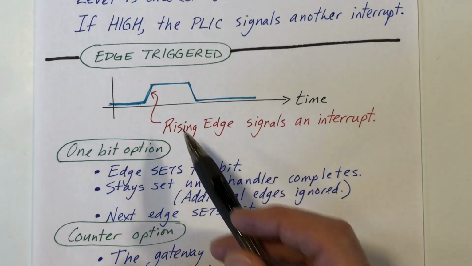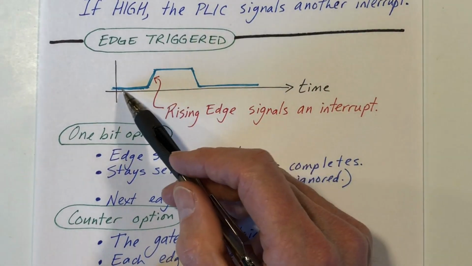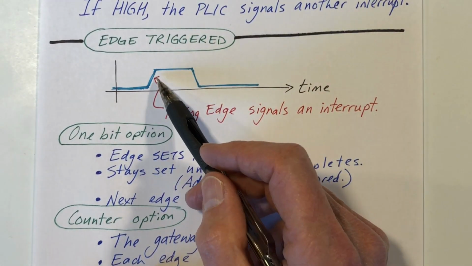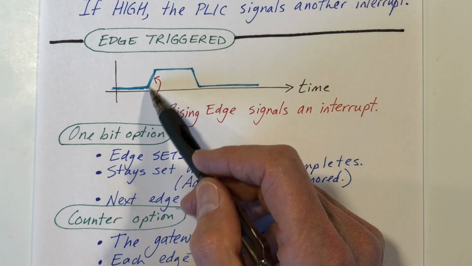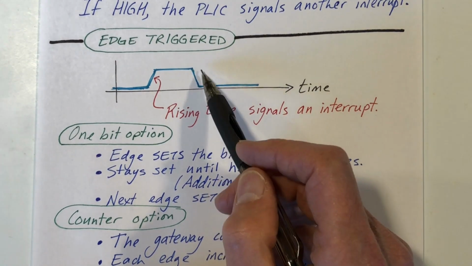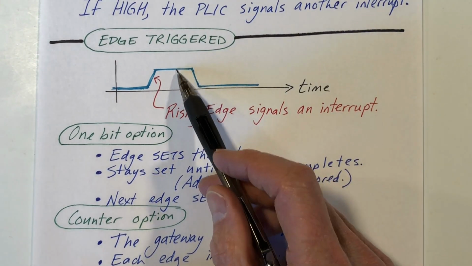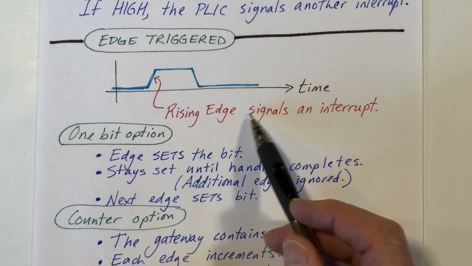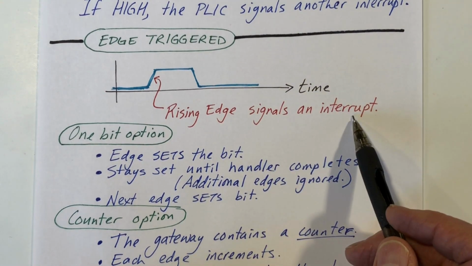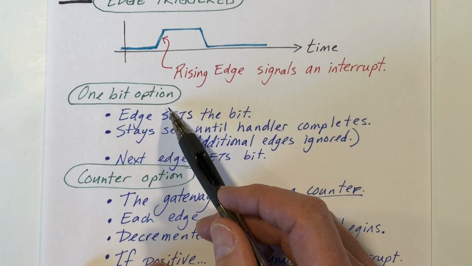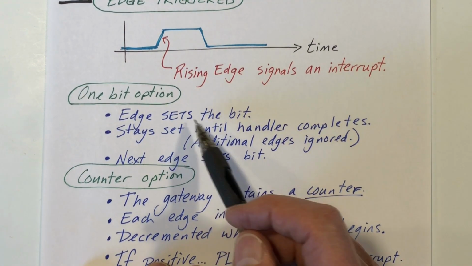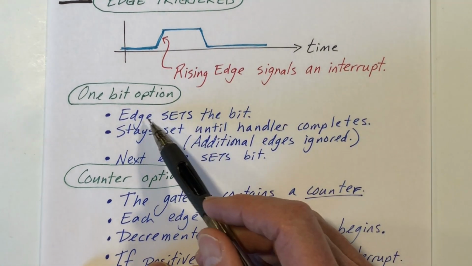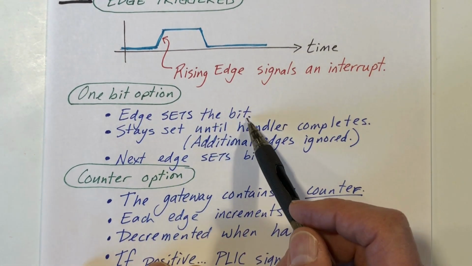Now, in the case of an edge-triggered signal, we have the signal going from low to high. And what the plic is watching for is that transition when it goes from low to high. It doesn't really care too much about when it goes from high back to low. The rising edge is what signals the interrupt. And there are really two variations on the gateway. In one case, the gateway has a single bit, and the rising edge will set that bit to 1.